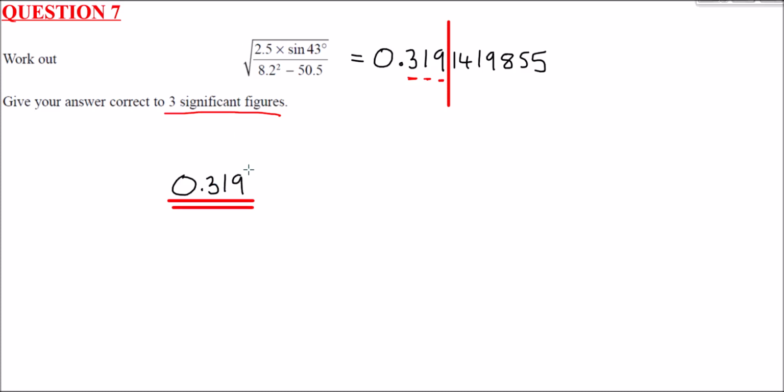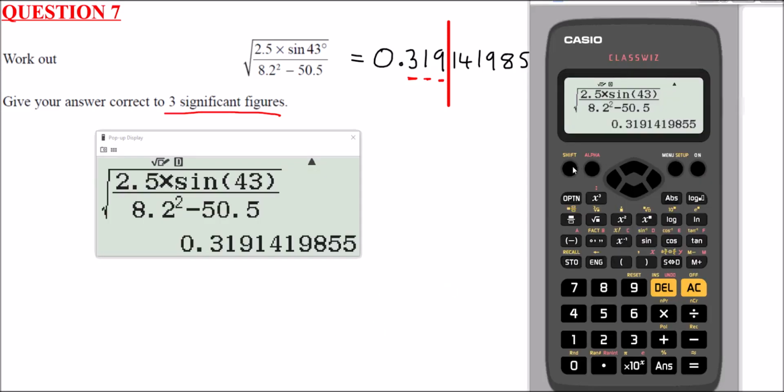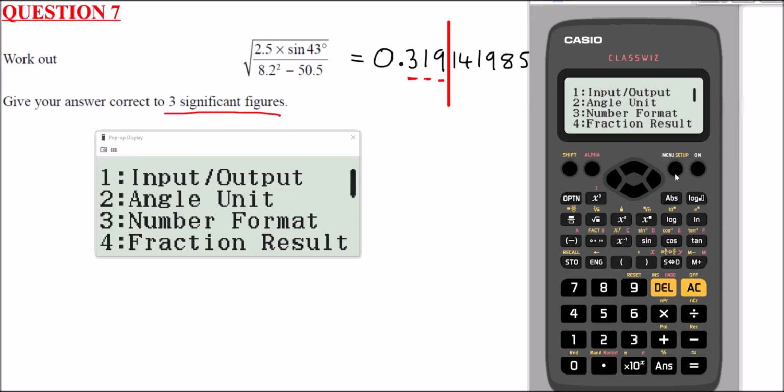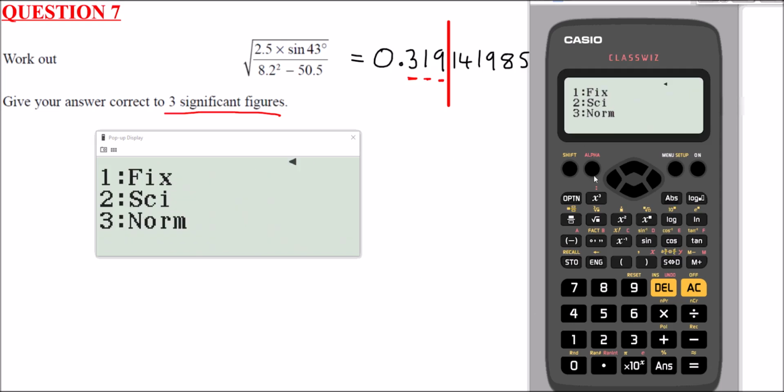And I will give you a slight tip, which might help. I would avoid over-reliance on the calculator if you can, but I'm going to give it to you here, this tip, so you can use or ignore it as you wish. So if we press Shift Menu, and we go down to number 3, number format, press option 3. Now SCI mode means scientific mode. It gives you a number in standard form.